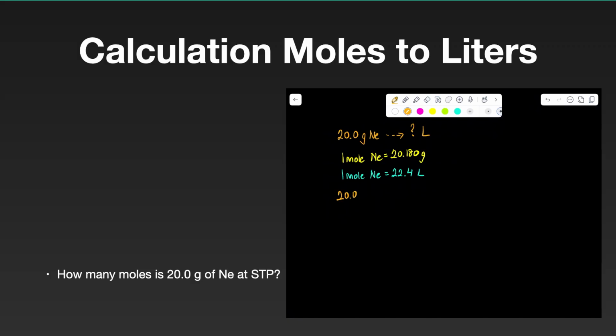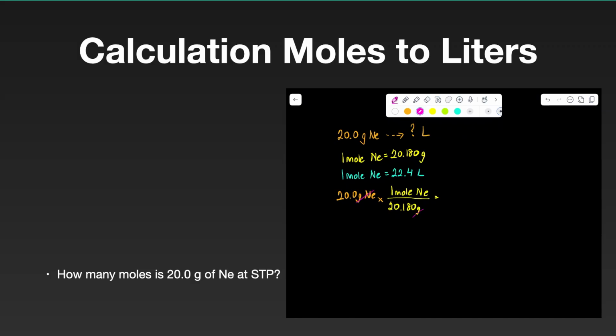So now we have to convert things. We start off with 20.0 grams of neon, and we want to multiply and put a fraction bar, and then we want to grab the two components here. 20.180 grams on the bottom will allow the grams to cancel. And up on top, we have 1 mole of neon. So we're using the periodic table here.